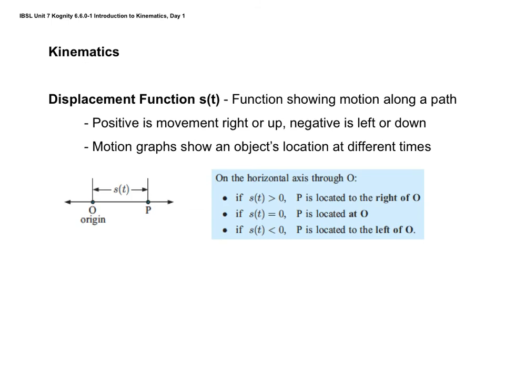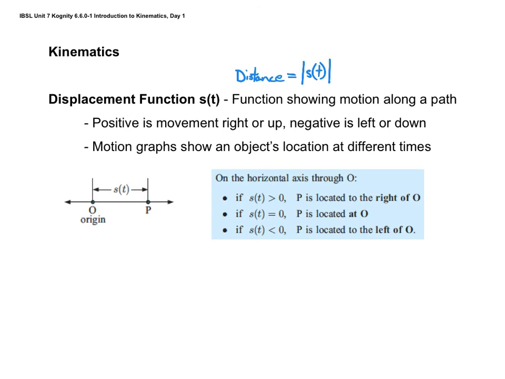But one thing to note here is that the distance is the absolute value of the displacement. And we're going to have to really be careful in how we work with that.